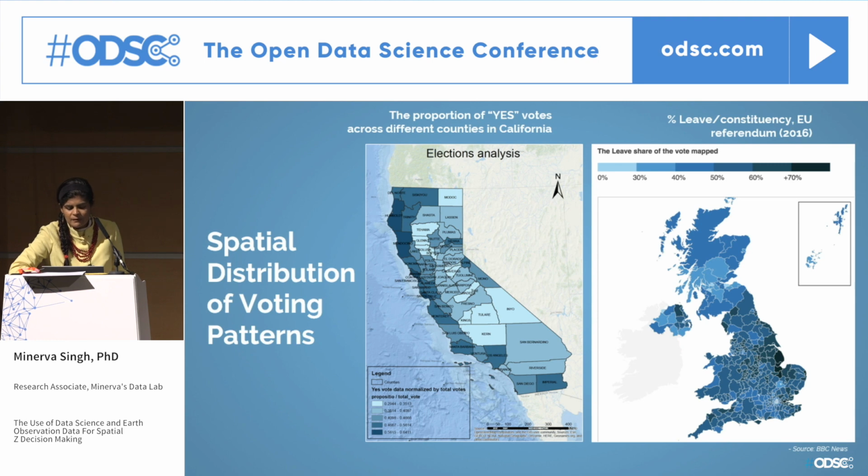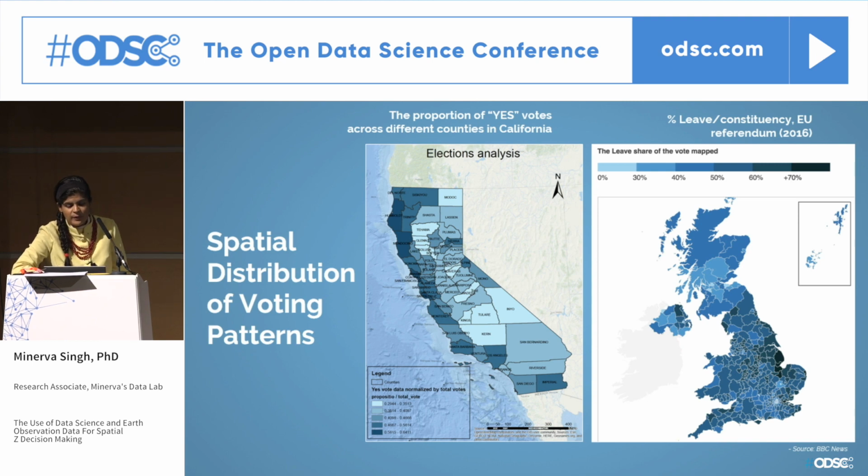A more famous example is on the left-hand side, a map that no one's going to forget in a hurry for many years. The map comes from BBC News, and this is the percentage leave vote per constituency in the EU referendum 2016. The darker blue colors represent a greater percentage of the voters in the constituency voted to leave the EU.